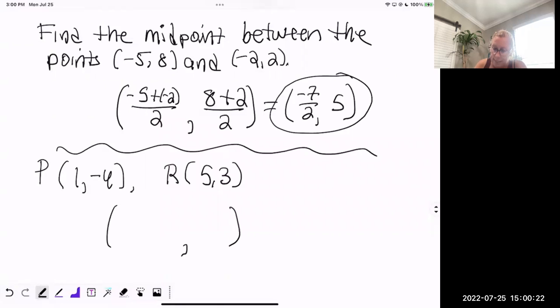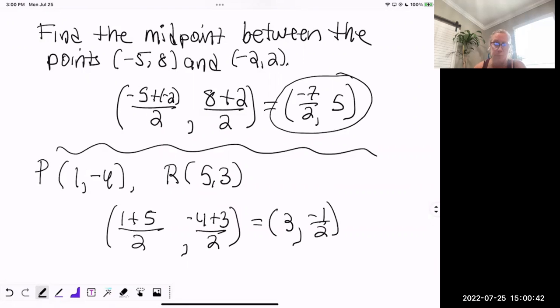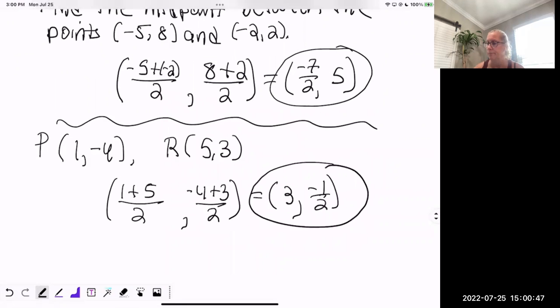So we take our x's, we add them, we divide by 2, finding the average. We take our y's, add them, divide by 2, finding the average. Then we have 5 plus 1 is 6 divided by 2, which is 3. And this becomes -4 plus 3 is -1 over 2. That's my midpoint. That's halfway between those 2 points.